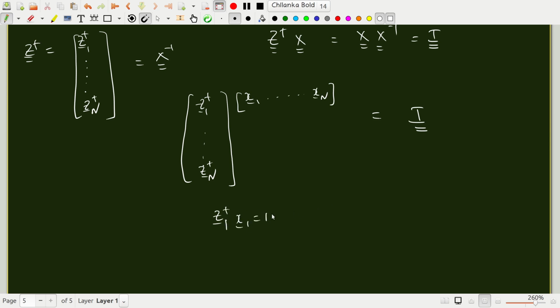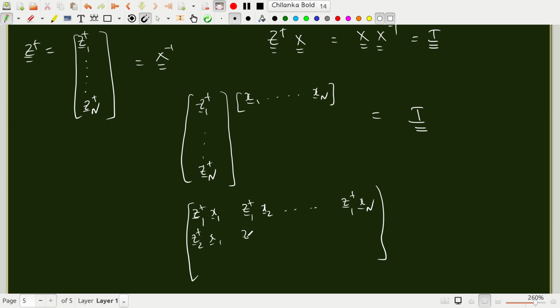So this matrix will have components z1 dagger x1, z1 dagger x2, z1 dagger xn, and so on. This is z2 dagger x1, z2 dagger x2, and so on. And this is identity.